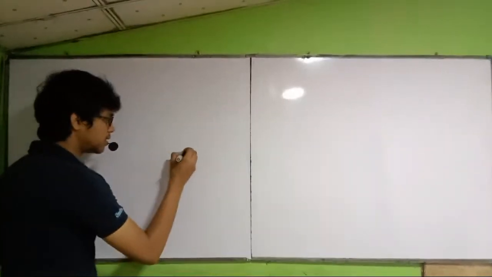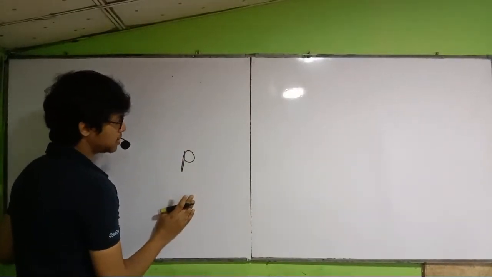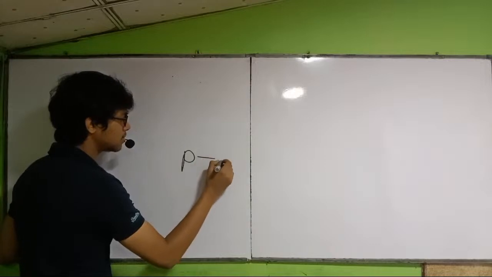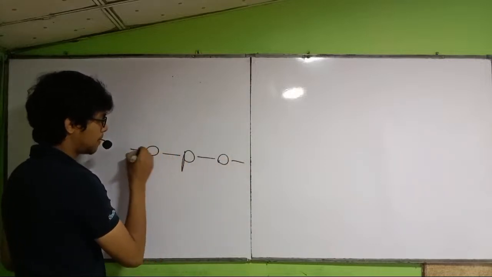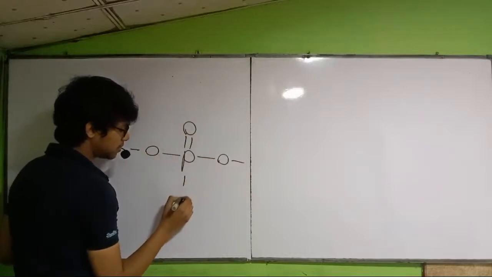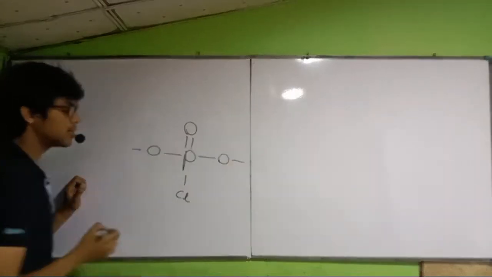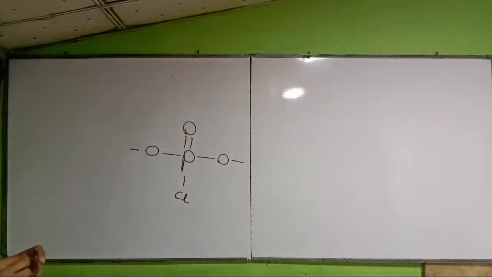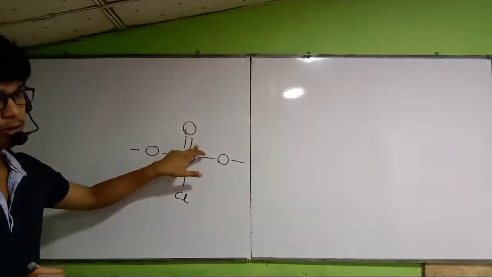For example, consider phosphorus, which sometimes can form pi bonds, and these pi bonds are from d orbitals.